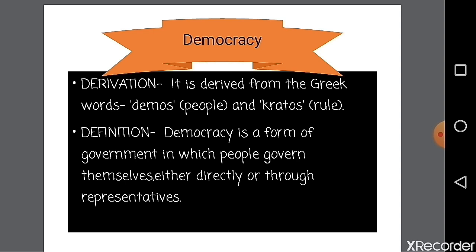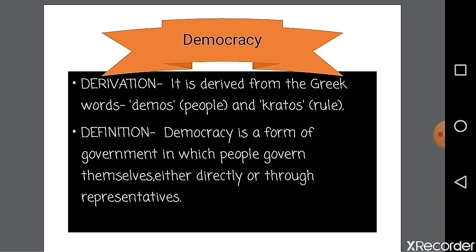That means democracy is derived from the Greek words demos, which means people, and kratos, which means rule. In this part, what did you get? That is people's rule. Democracy, people's rule.